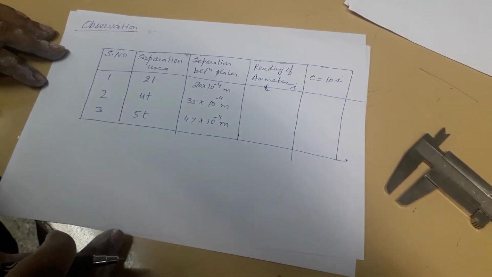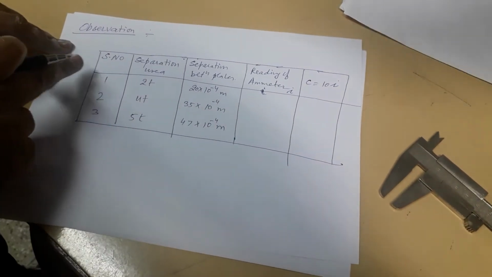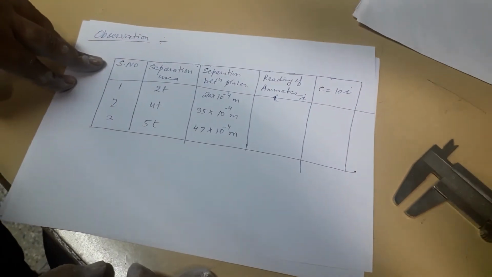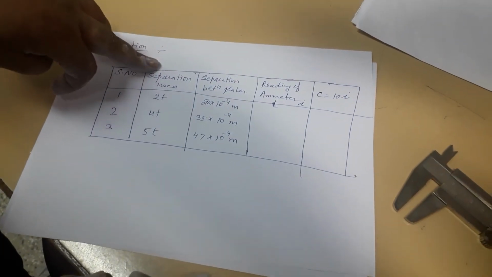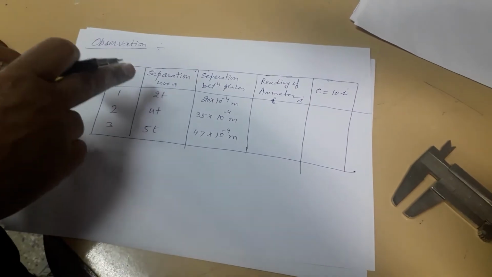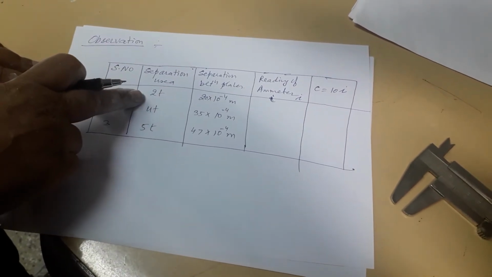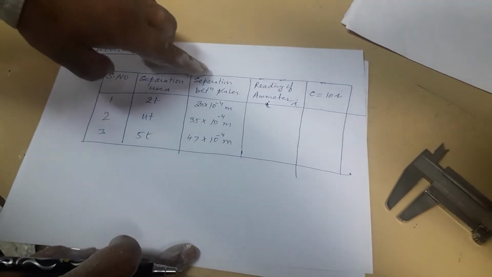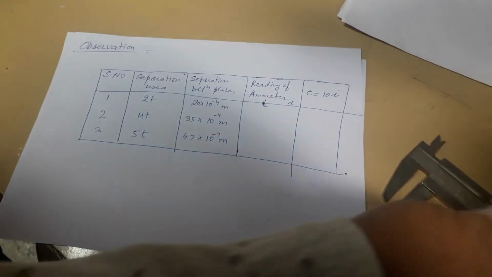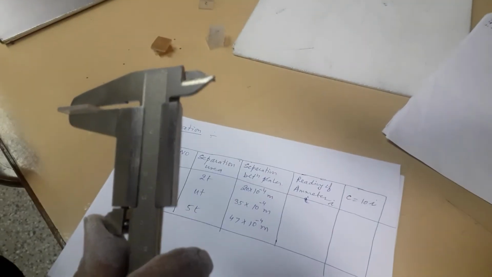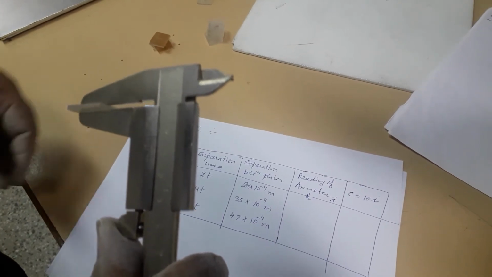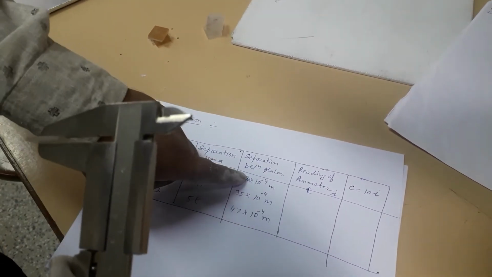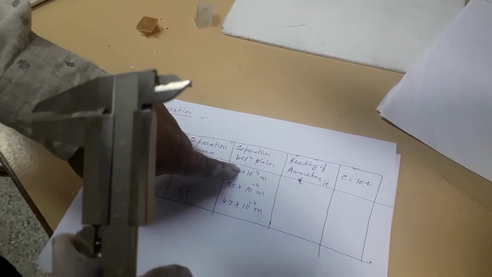Table of the experiment. First column is the serial number, then separator used, name means nomenclature of the separator, 2T, 4T, 5T, and separation between the plates. We can measure the thickness of the spacer and note it in this column.